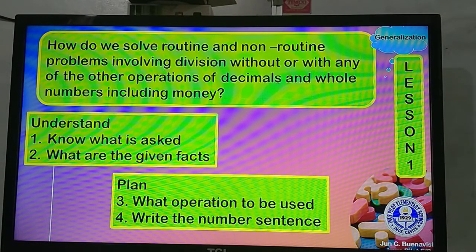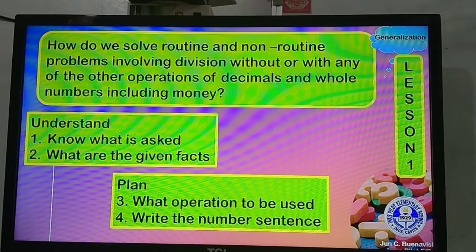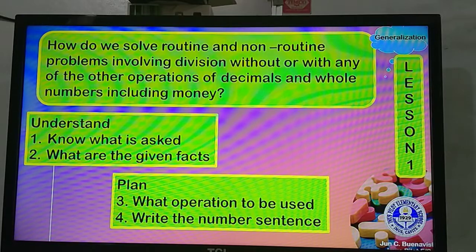They are not actually stated, but you can understand them through the hidden words or through the clue words found in the problem. Then after you know the operation to be used, the 4th step, you are going to translate your problem into a mathematical sentence using those given facts and the operation to be used.